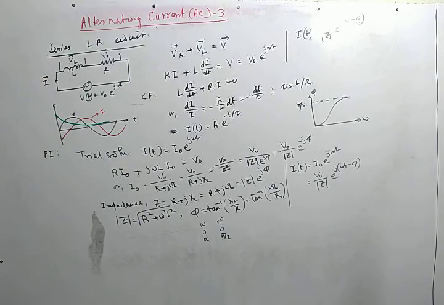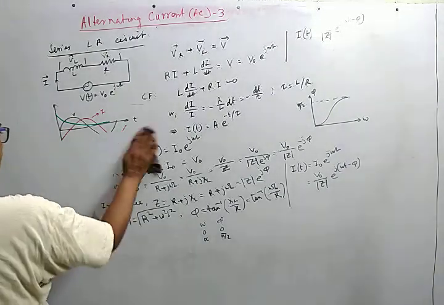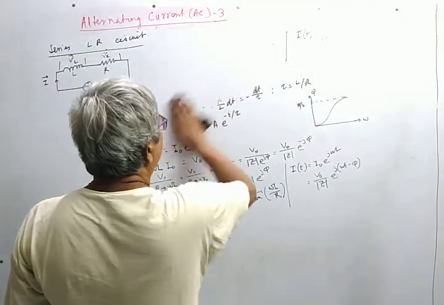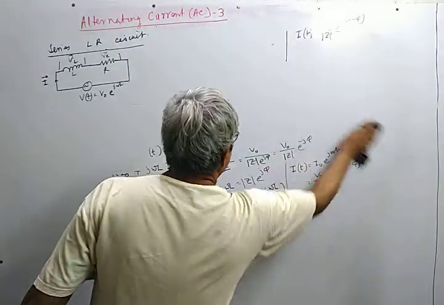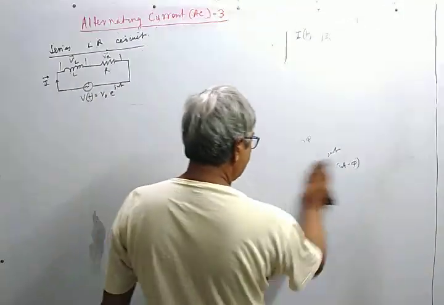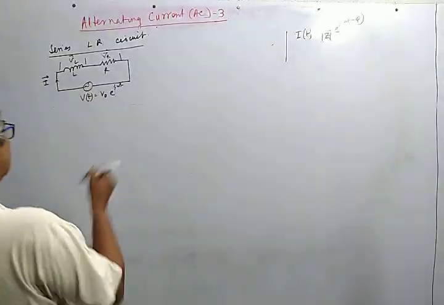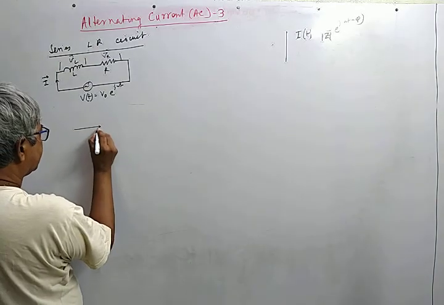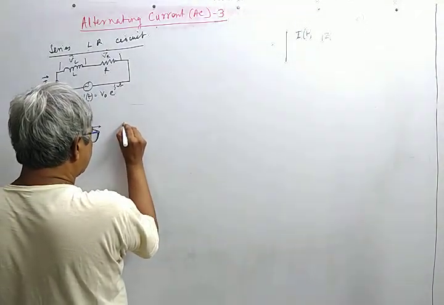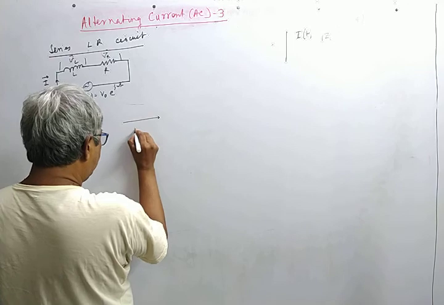AC source. Now let me try to solve this equation by using the Phasor diagram method. At a particular instant, let the voltage applied be represented by a line segment. Let us consider at a particular instant, this is the current phasor, and the corresponding voltage phasor is this, the VR phasor.